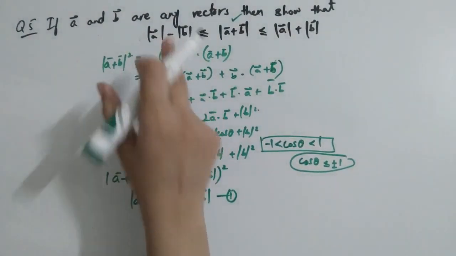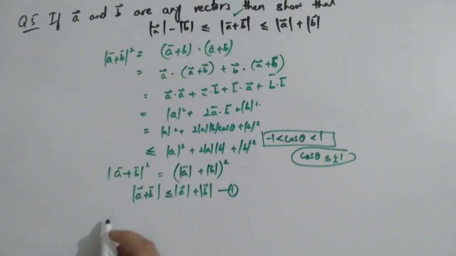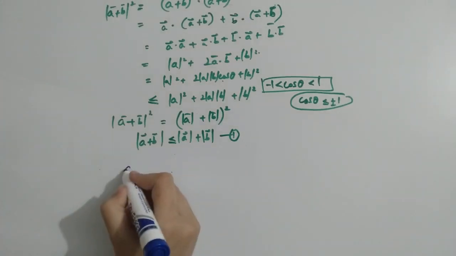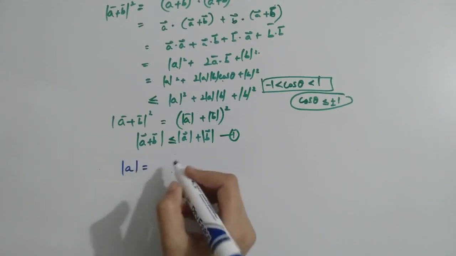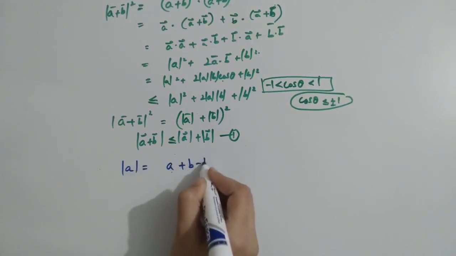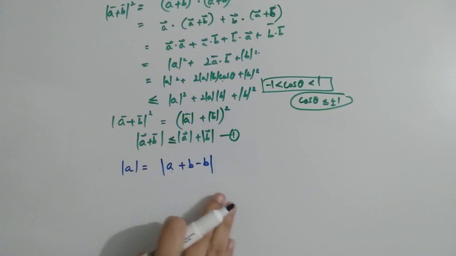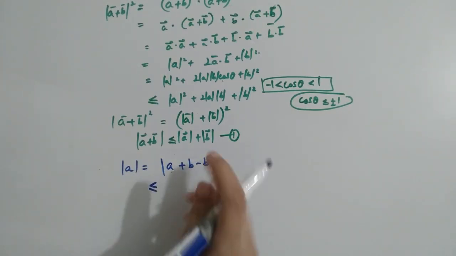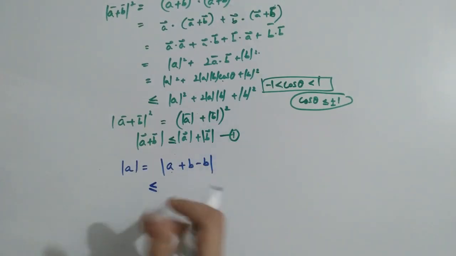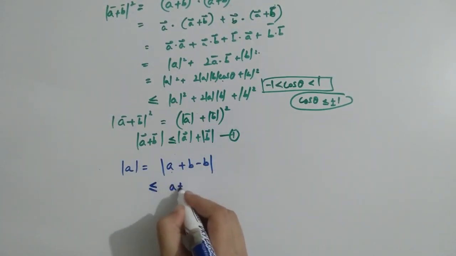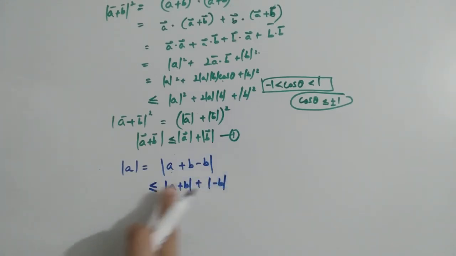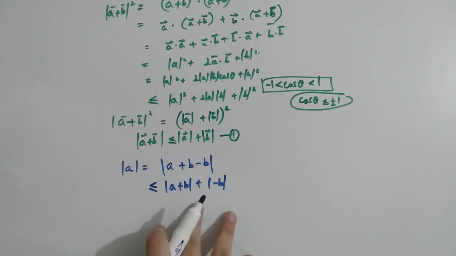Now taking this part of the question, you can write |a| = |a + b − b|. You can write it like this because plus b minus b will cancel out, and this will be, using property number 1 for the sum of two vectors, less than or equal to the sum of their absolute values.